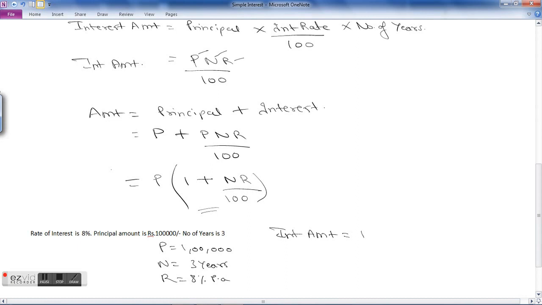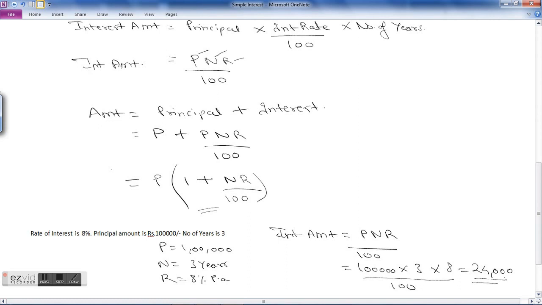So PNR upon 100 comes to how much? 1 lakh into 3 into 8 divided by 100. So that comes to 24,000. This is the interest amount we got previously, even without using the formula. So it's better to understand the formula rather than just by hearting it. What we did is we calculated the interest logically and then we derived the formula, so that it is easy for us to understand the formula.